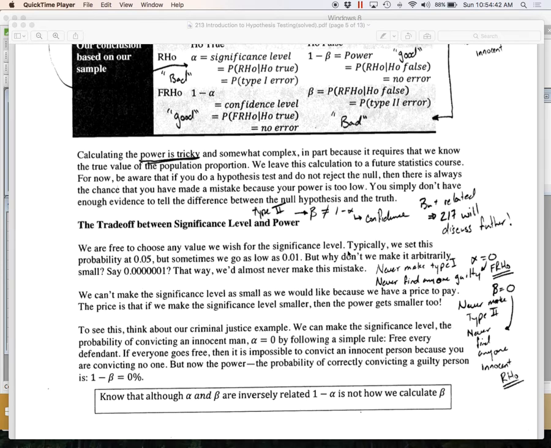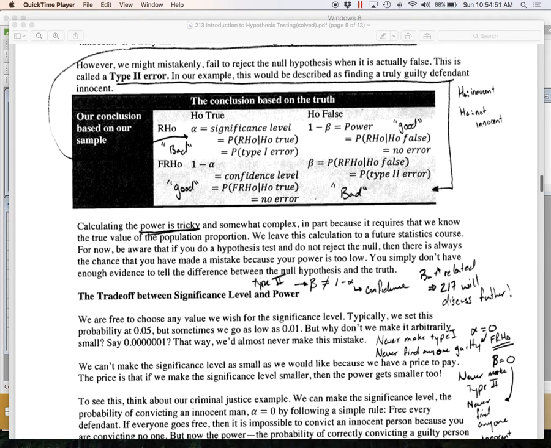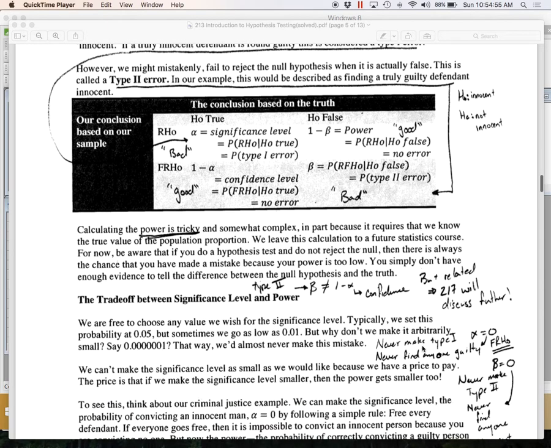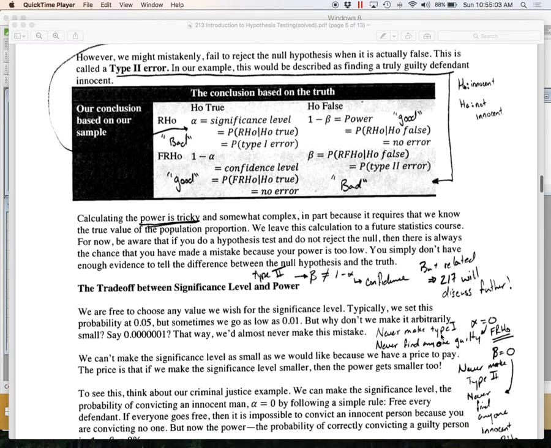We could actually take steps, if we understand this, to never make a type 1 error. Remember, a type 1 error would be sending an innocent man to jail, so the simple solution is never find anyone guilty, ever. We would never be at any risk of having a type 1 error. That's like setting alpha equal to 0.